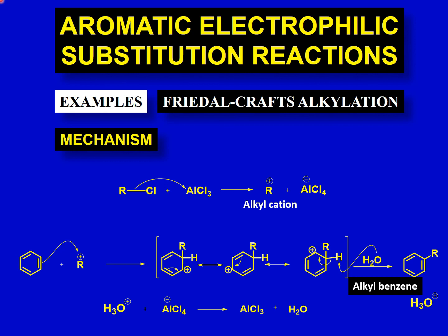So multi-acylation is not a problem, but multi-alkylation is a problem, because the product of acylation is less reactive than benzene itself, but the product of alkylation is more reactive. And we have also discussed how to avoid the problem of multi-alkylation. So this was all about aromatic electrophilic substitution reactions.